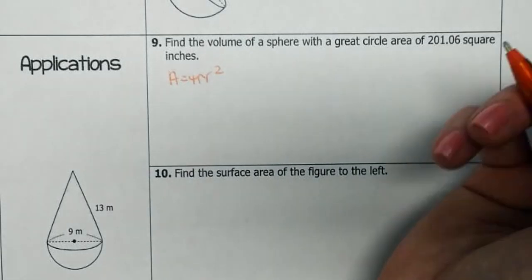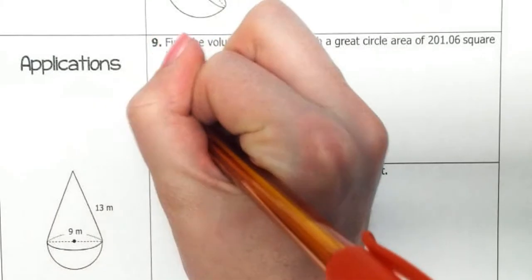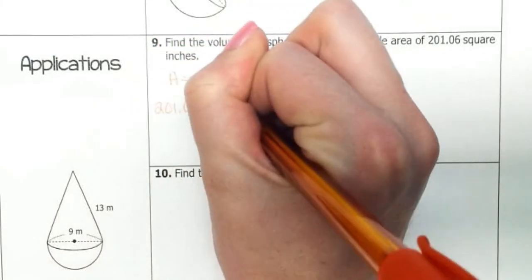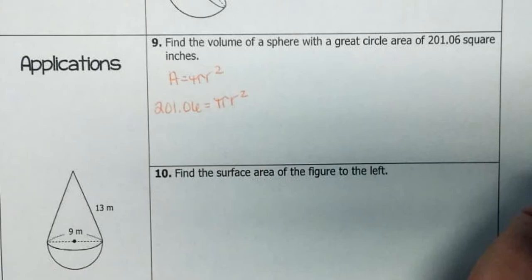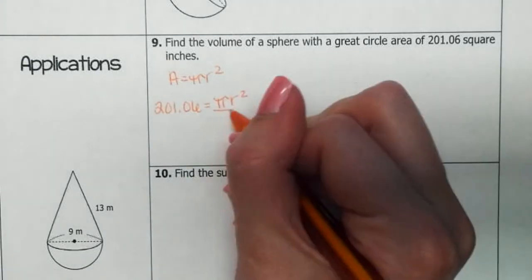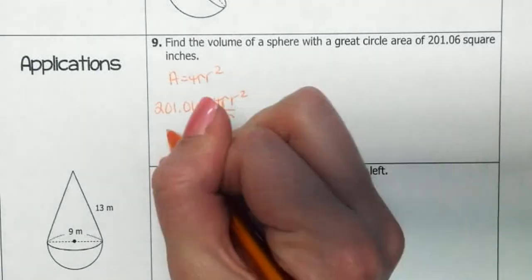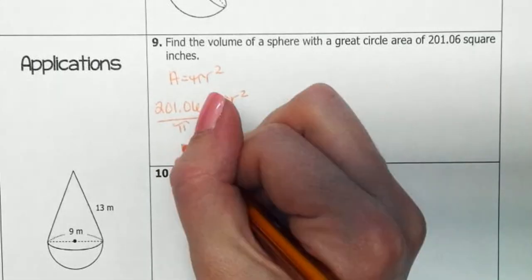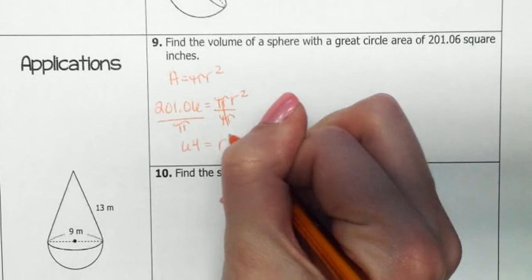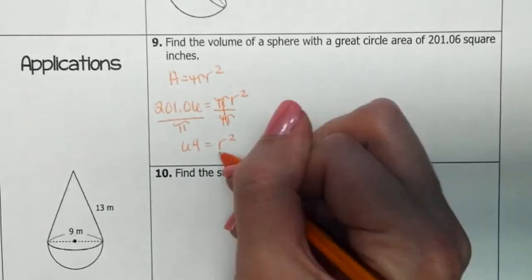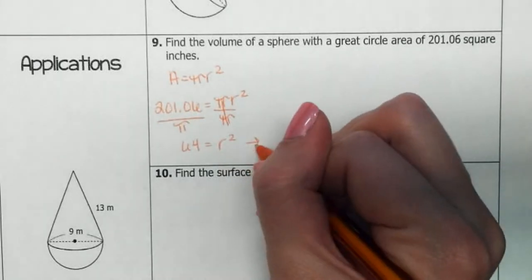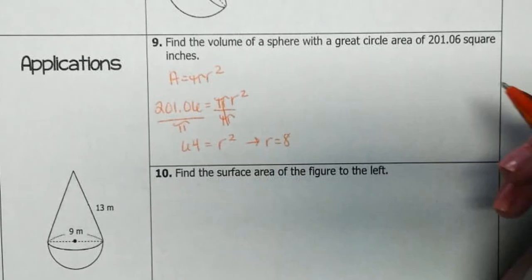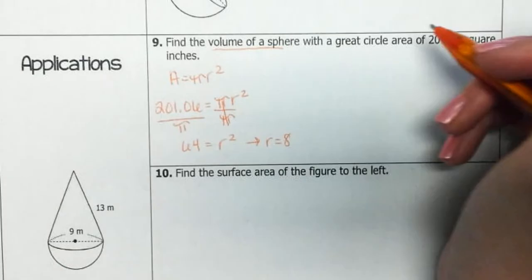So I'm going to plug in 201.06 in for A. I'm going to divide by pi. When I divide by pi, I end up with 64. And then my last step is to take the square root. So r gives me 8. And now I can find the volume of the sphere.